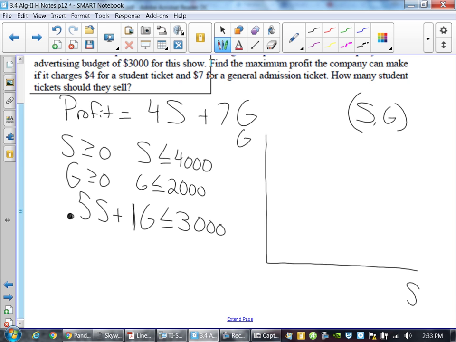So I have a vertical line at 4,000. I have a horizontal line at the 2,000 then, right? Oh, I'm sorry, I have that backwards. Did I label it stupidly? So this is 4,000.